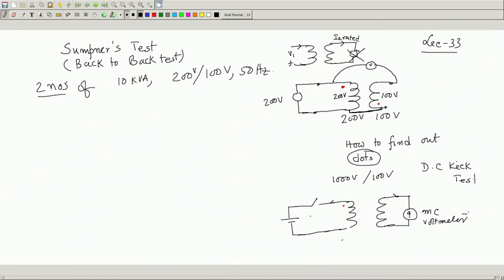That is all. And the positive of the battery, wherever you are connecting, put the dot there. One you are free to choose. It is also a voltmeter connected between these 2 points. Now, you close the switch.